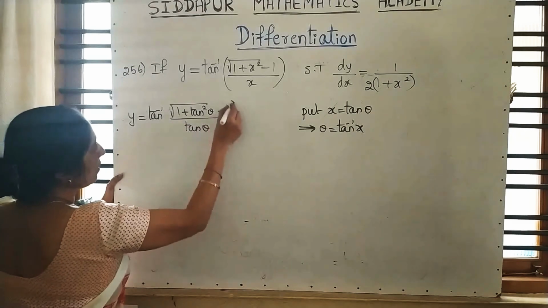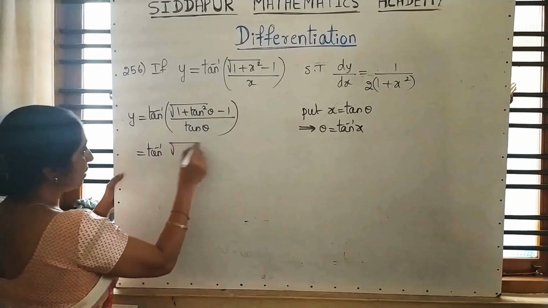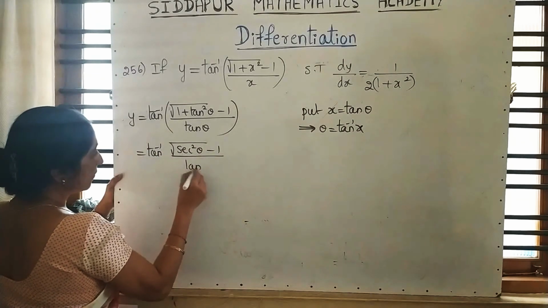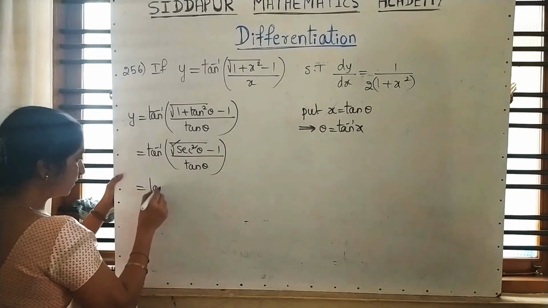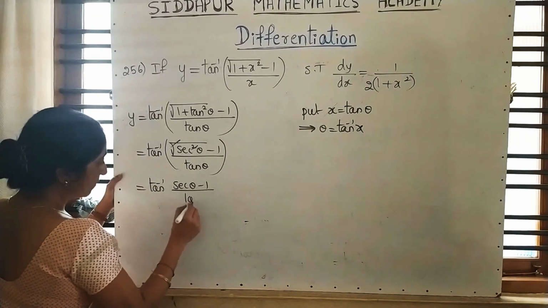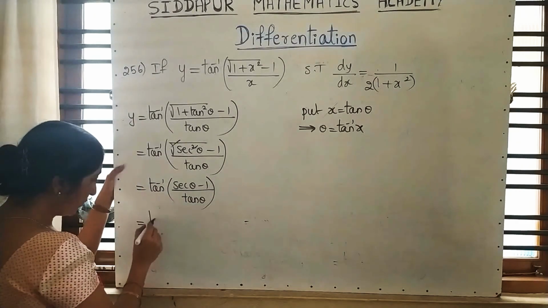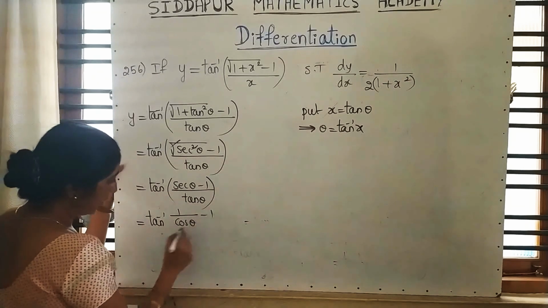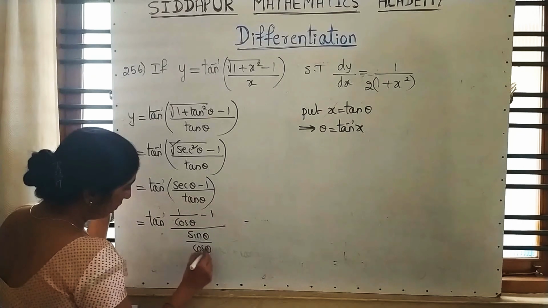And what is 1 plus tan square? 1 plus tan square is secant square. Square root and square get cancelled. And write down that in terms of sine and cos. Sec is 1 by cos minus 1 as it is. Tan is sine by cos.